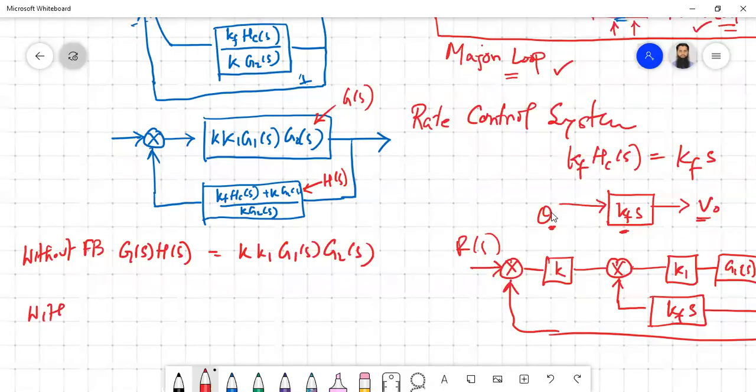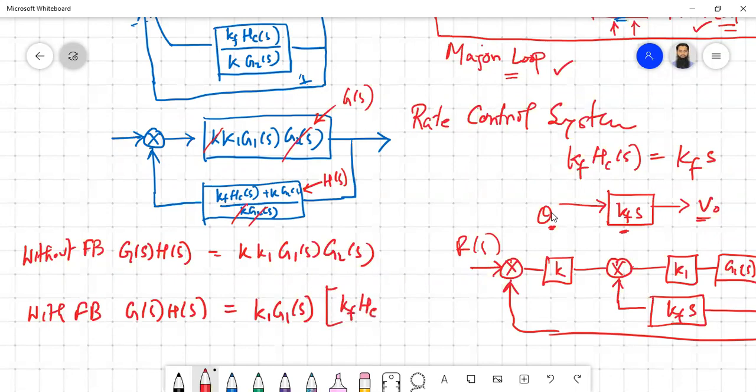With feedback, we have G of S, H of S equal to, just multiply both of them. So this parameter will be cancelled. This will be gone. So what will be left is K1 G1S, and then you have KF HCS plus K G2S.